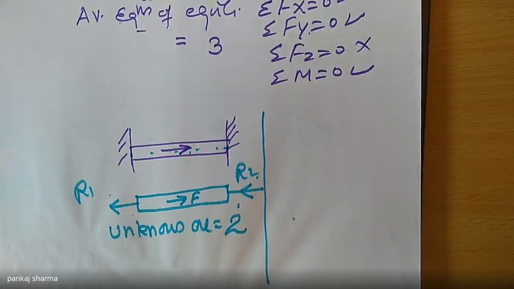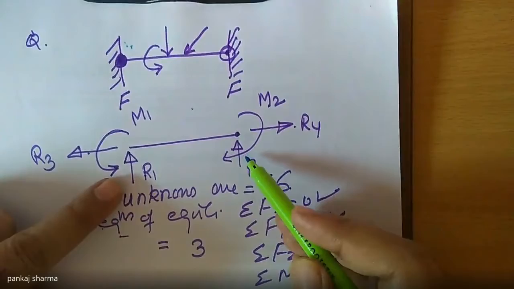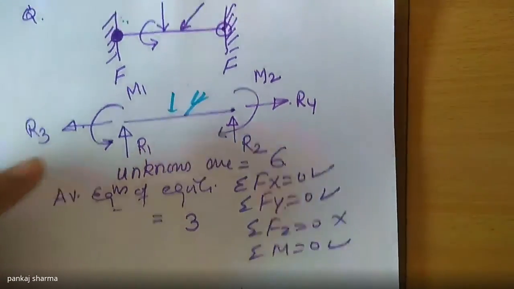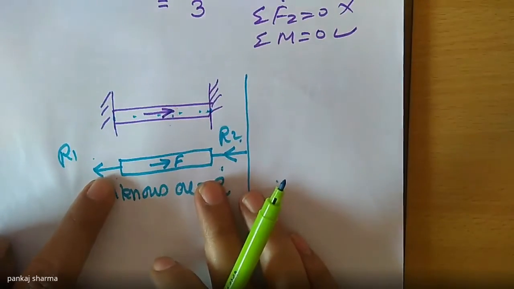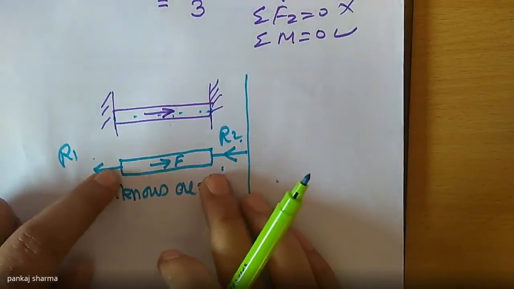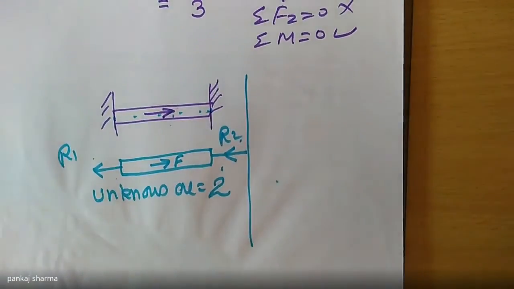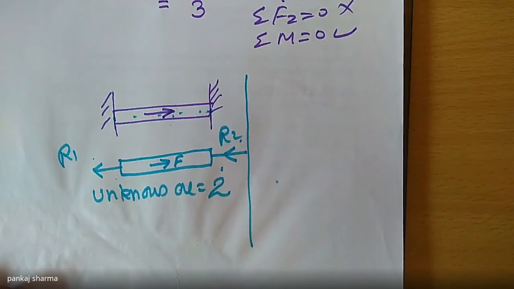There is no vertical reaction, as you can see in this problem, there is no vertically acting force. So vertically acting force is 0, meaning the vertical reaction must be 0. So only 2 unknowns are there, R1, R2.